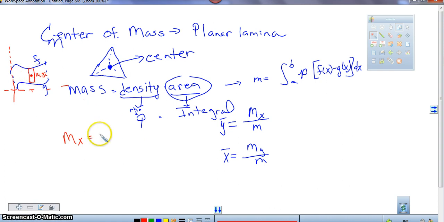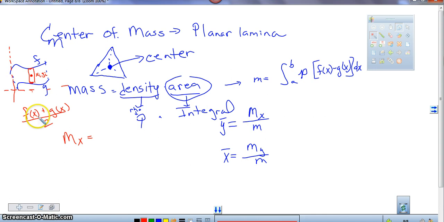So the moment about the x is going to involve the midpoint of that rectangle. When I say that, it's going to be a y value, right? Because it's about the x. So it would be the f function value plus the g function value divided by 2, because it's a midpoint. It goes from here to here. It's the midpoint between f and g, and that's how I'd write that.